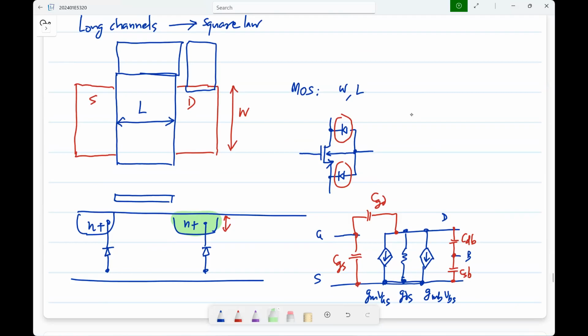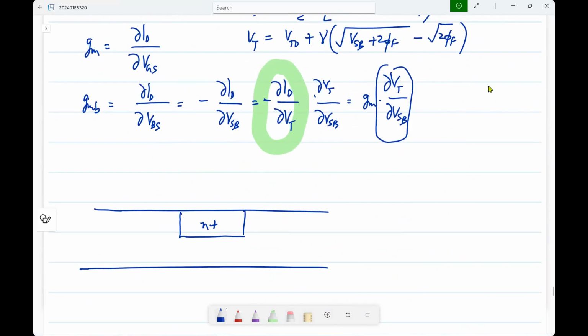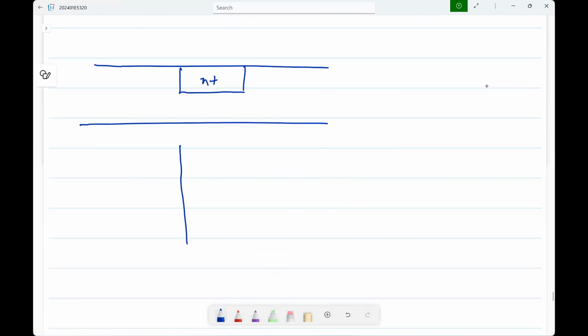So, a junction like this will have, let me just show one junction by showing it as a neat rectangle. Okay, so this is the cross section view, and this is the top view. This is the width, and this is something I'll call LD. It's the length of the junction.